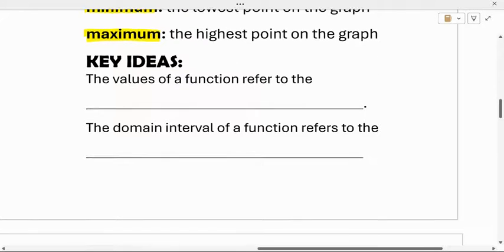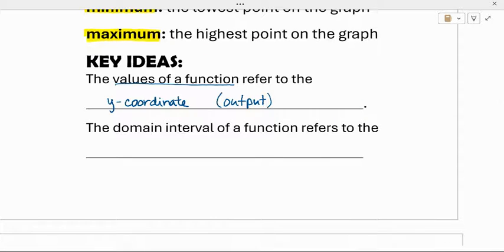Okay. So often you will hear the value of the function. When you see a phrase like this, the value of a function, this is referring to the y coordinate. It's asking you about the output. The y coordinate or the output.